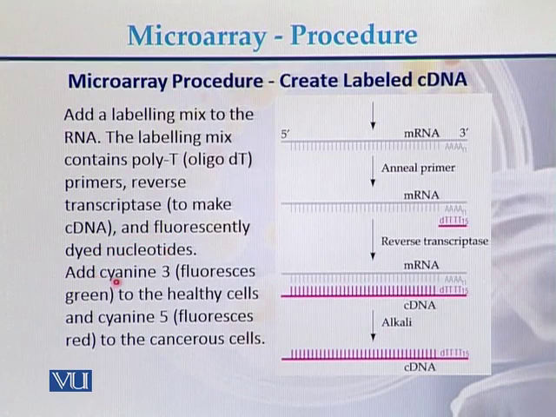In addition, cyanine 3, which produces green fluorescence, is added to the healthy cells, while cyanine 5, which produces red, is added to the cancerous cells. So we have converted the RNA into cDNA, and we have added different dyes to differentiate between the cDNA of the healthy cells and the cDNA of the cancerous cells.